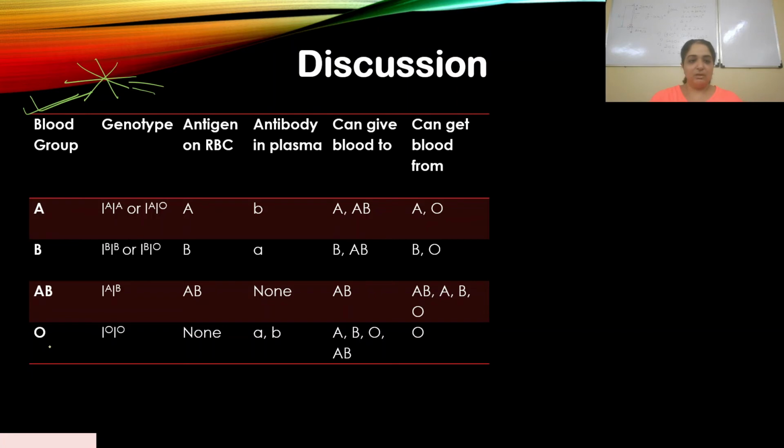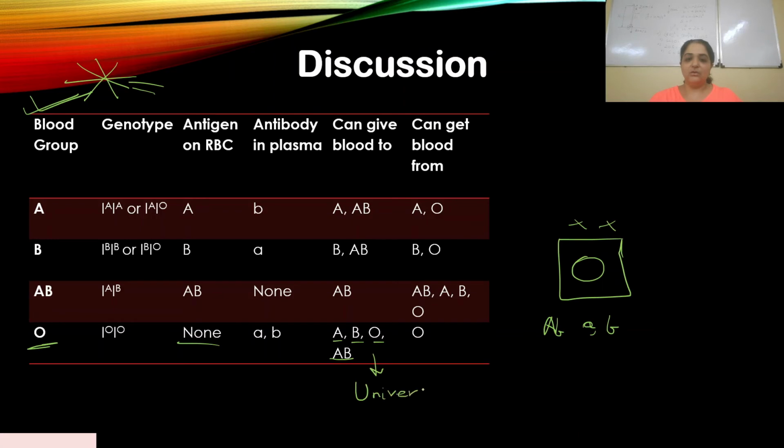With blood group O, there are no antigens present. It has antibodies A and B in the plasma. So it is able to donate blood to A, B, O and AB.